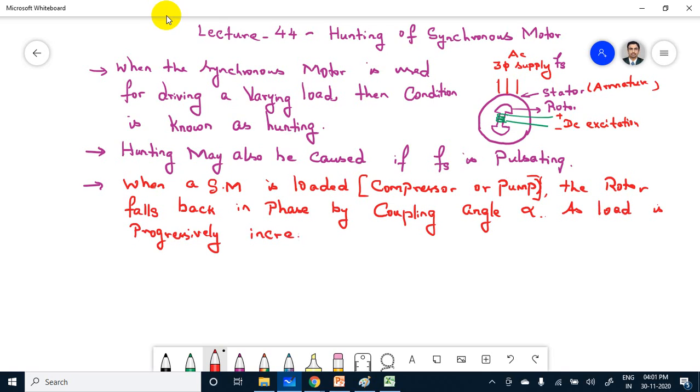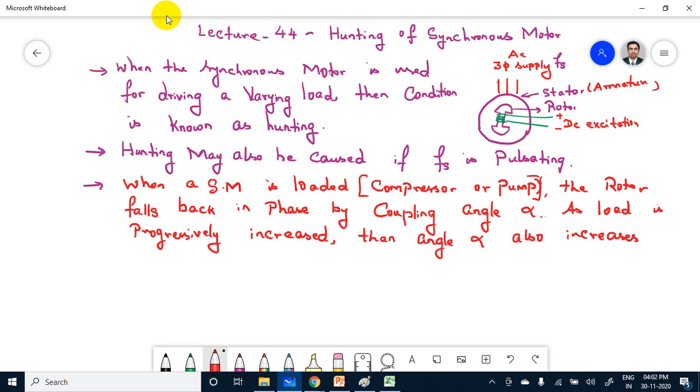If the load keeps on increasing, then angle alpha also increases.